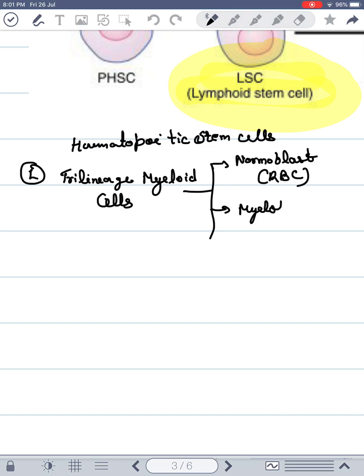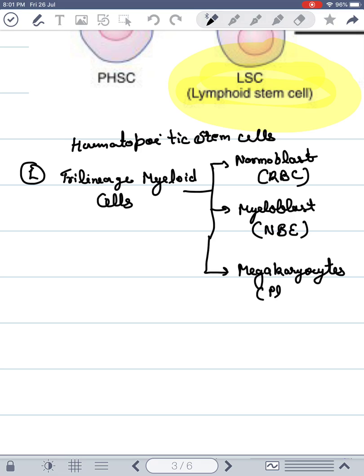myeloblast, these are again our NBE, that is neutrophils, basophils and eosinophils, the granulocytes basically, and the megakaryocytes, which will be forming the platelets.